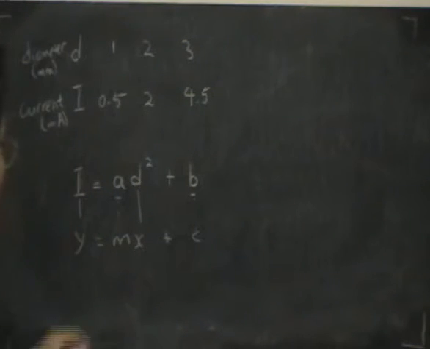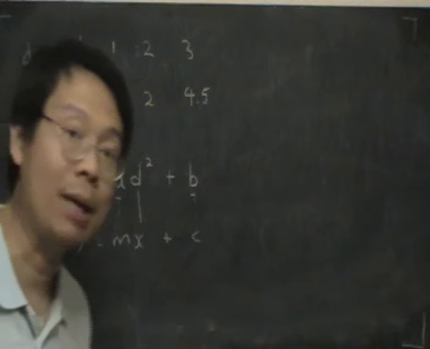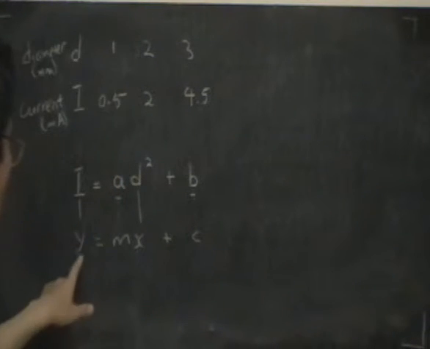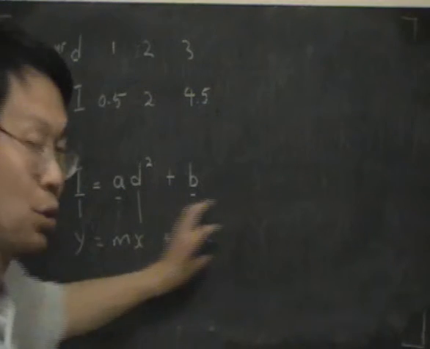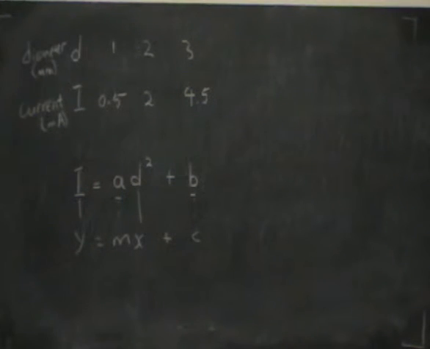Then I know that if I plot I against d squared, I must get a straight line, because if I plot y against x, I have a straight line, since this is a straight line equation.